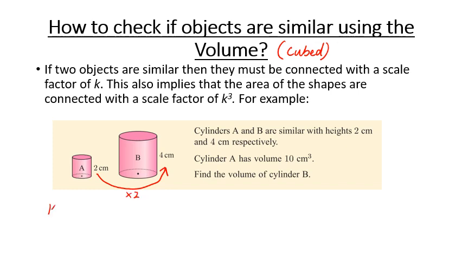So if K equals 2, therefore K cubed is equal to 8, or 2 cubed. And the volume of cylinder A is 10 centimeters cubed, so this must be 80 centimeters cubed.